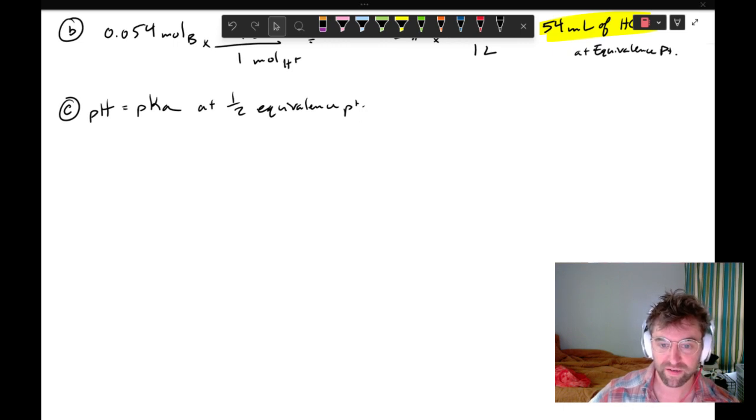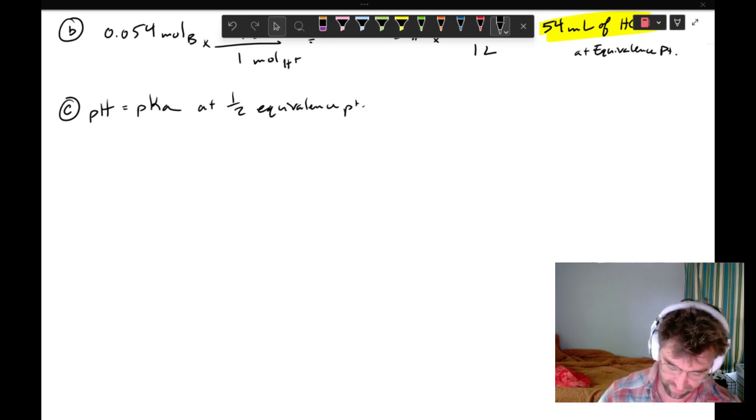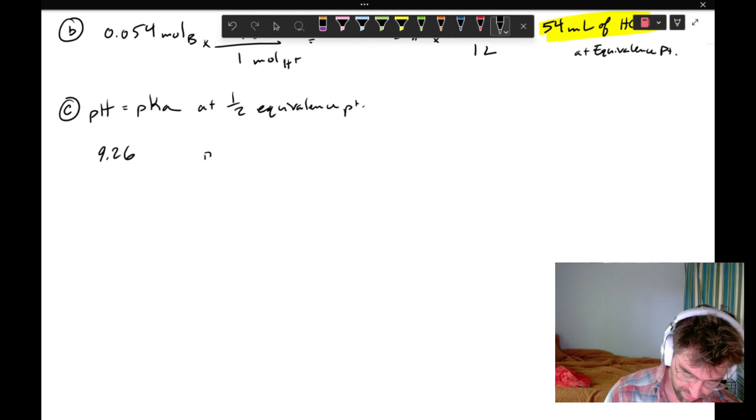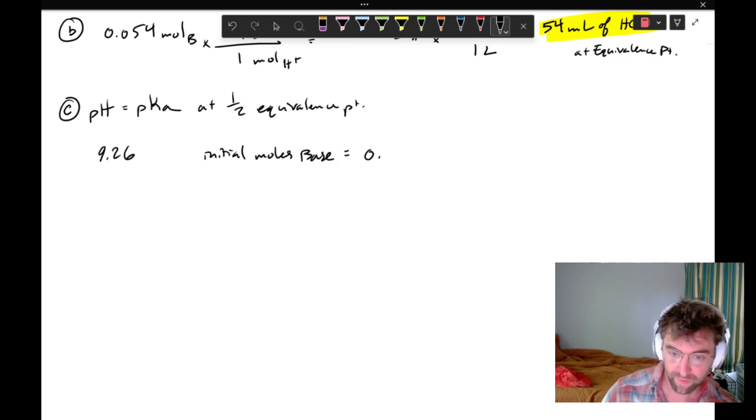So here again, our pKa was 9.26. So that's where we're shooting for. So we had our initial moles of base. And the reason I'm bringing this back up is because where at the equivalence point all of the base was getting consumed, here half of it is being consumed.